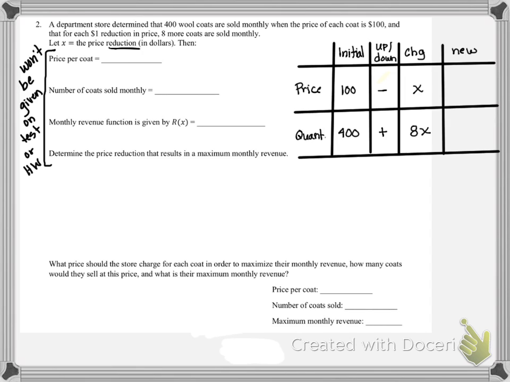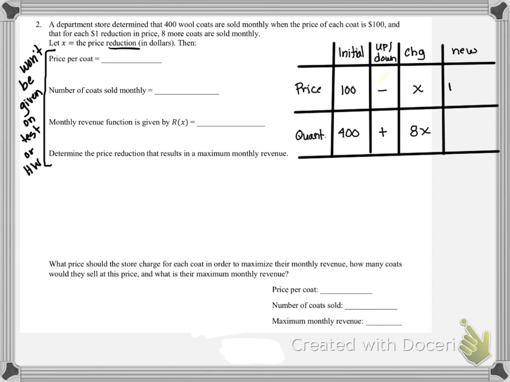So the change in quantity is the change per dollar times the number of dollars that we lowered the price. This is the change in quantity per dollar, and this is the number of dollars we're lowering the price. So if I lowered the price $3, then I would get an increase of 24 in quantity. Reading across horizontally, that tells me my new price and my new quantity.